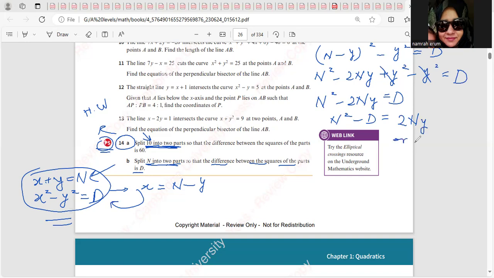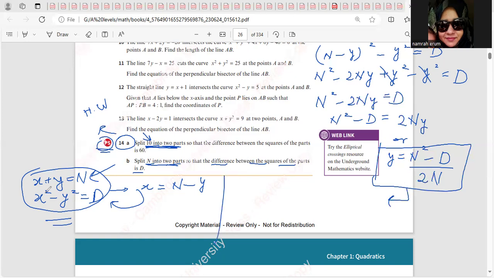Or y is equal to n squared minus d over 2n. This is what I have gotten for y, not x. I will be putting it into the other equation. Let's suppose equation 1, x plus y, I take.